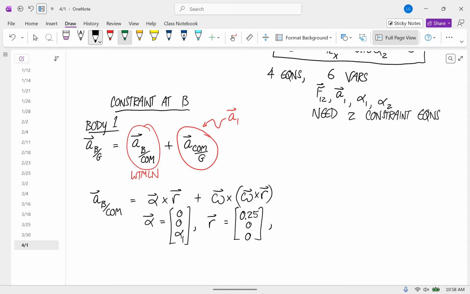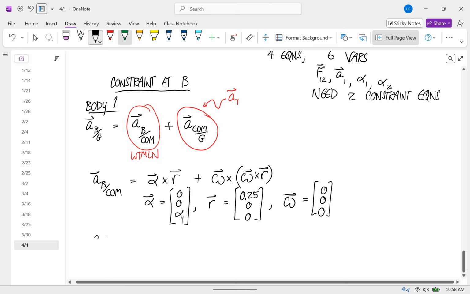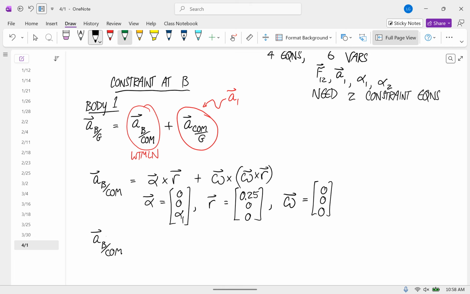And then we're given that omega is 0. So the acceleration of B relative to the center of mass is 0, 0, alpha 1 crossed with 0.25, 0, 0, plus this thing that's equal to 0.